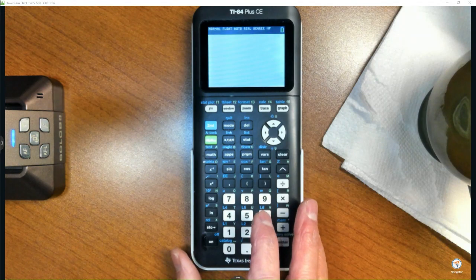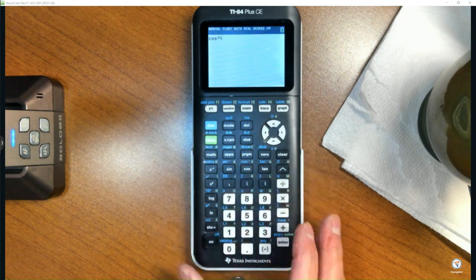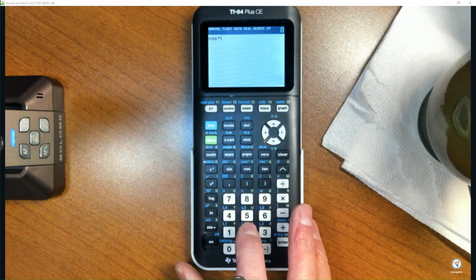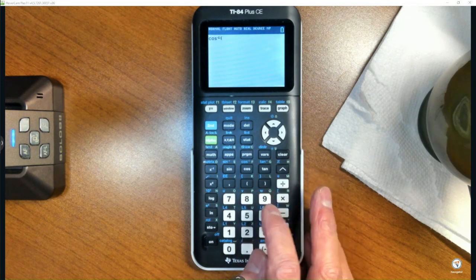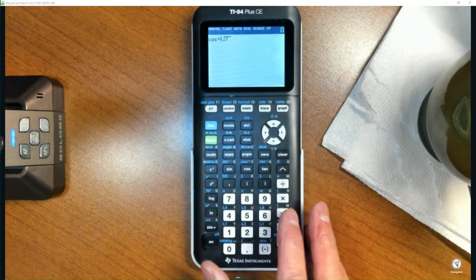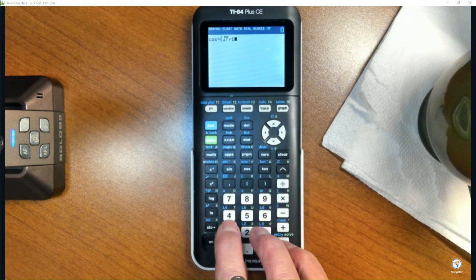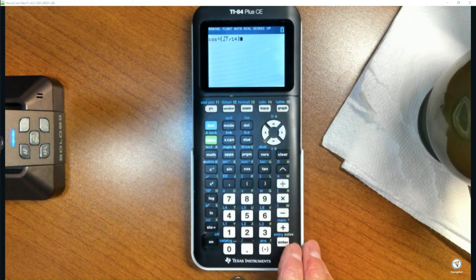Okay, so we're wanting the inverse cosine of the square root of 7 over 14. Make sure you're in degree mode.